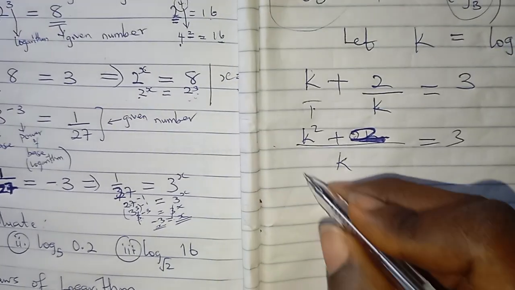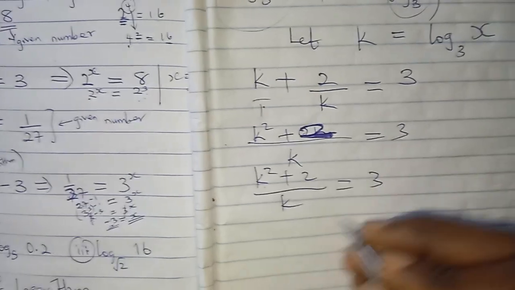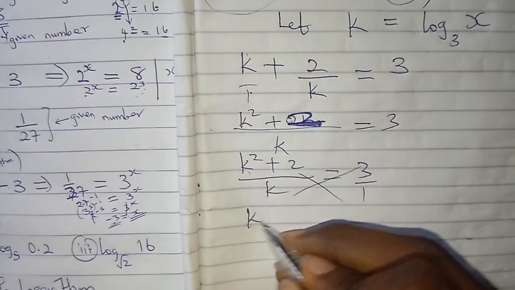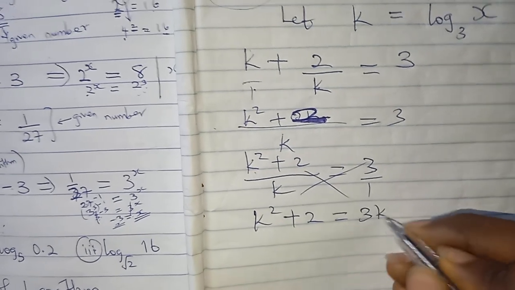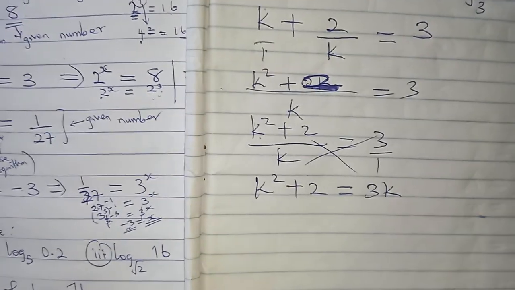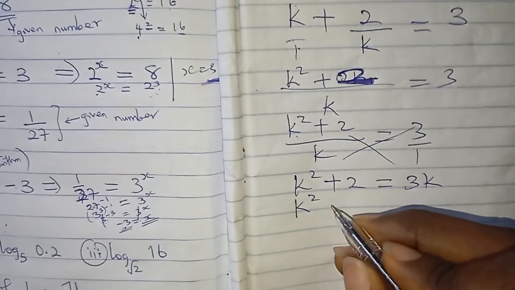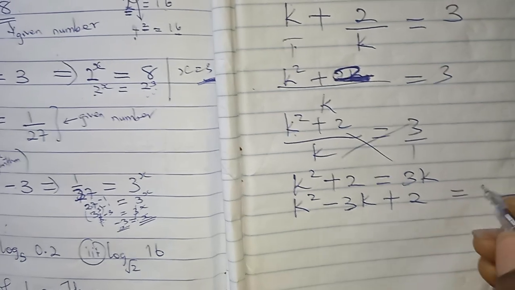So this is k square plus 2 all over k equals to 3. So I now have k square plus 2 equals to 3k. At this junction, I can have k square minus 3k plus 2 equals to 0.